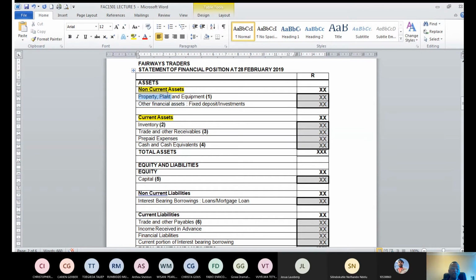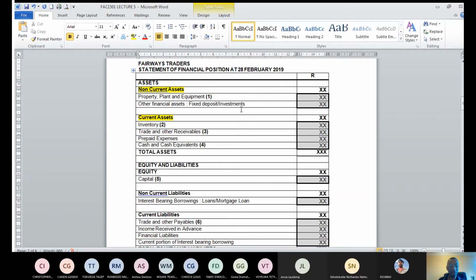Under your property, plant and equipment will resort the buildings, the land, the vehicles, your equipment, your furniture, your machinery. All of those items will fall under the category of property, plant and equipment.